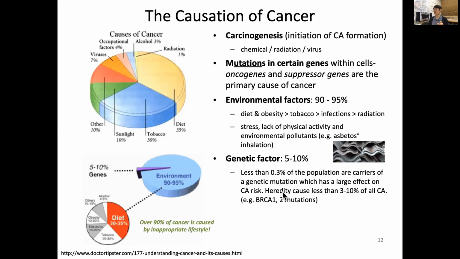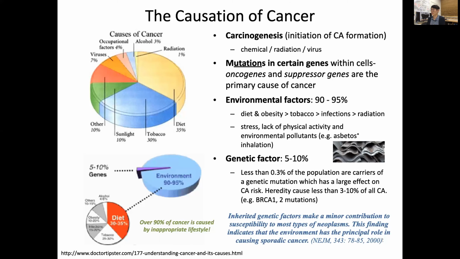Less than, let's say, 0.3% of the population are carriers of a genetic mutation which has a large effect, of course, in increasing the cancer risk. However, this hereditary cause is not that much, less than 10% of all cancer. So we have some control.